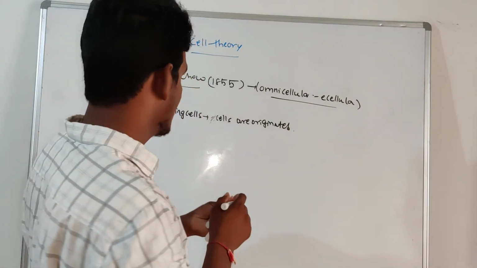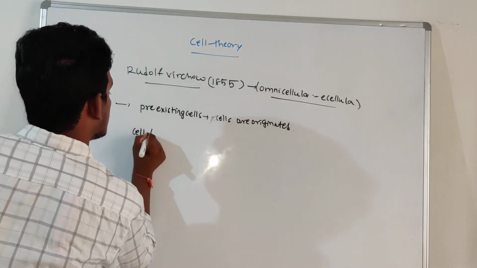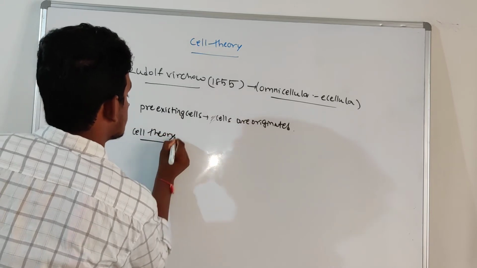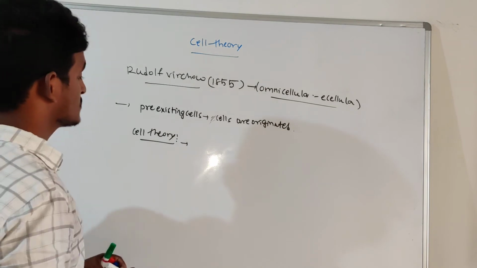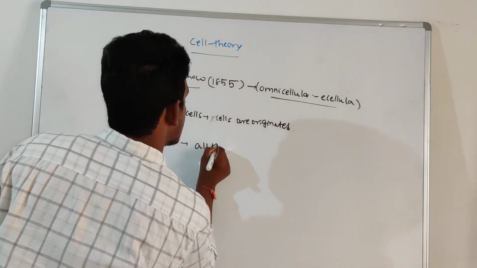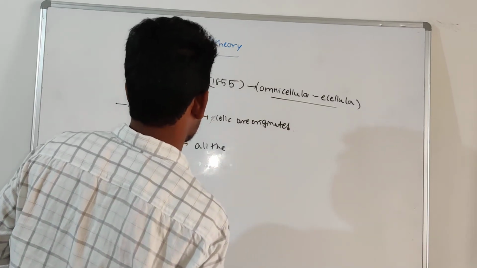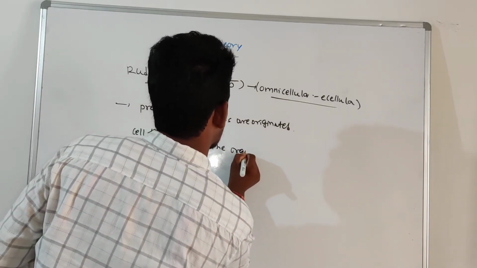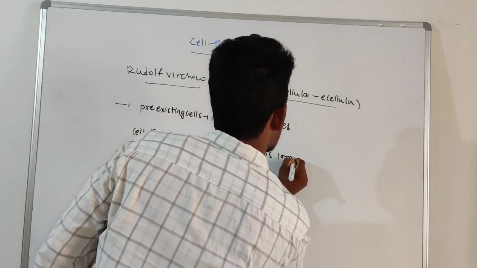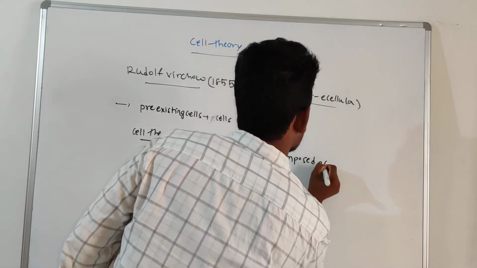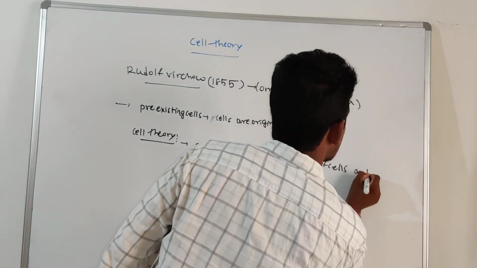So what information is given in cell theory? All organisms are composed of cells and products of cells.